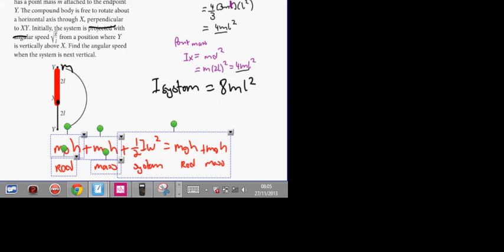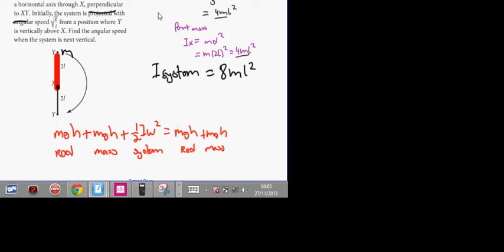Just realised I'm going to run out of space, so let's sort that out. Plus a half I omega squared for the system, okay?